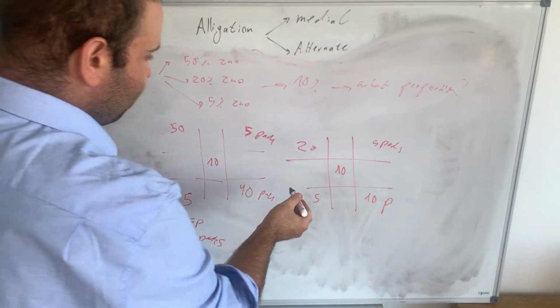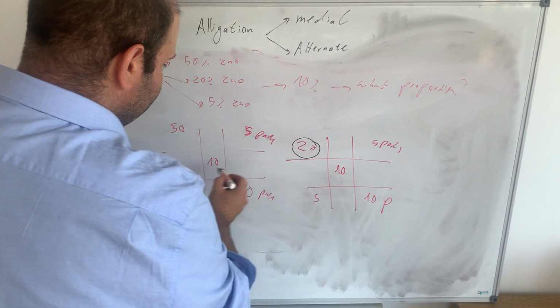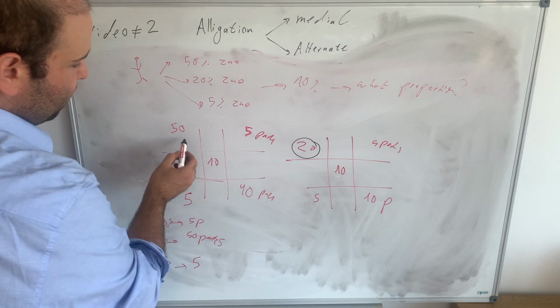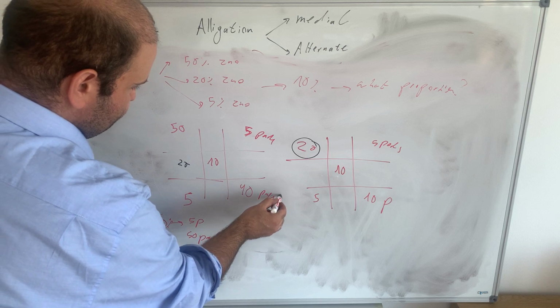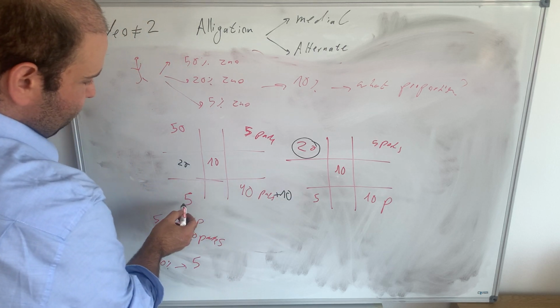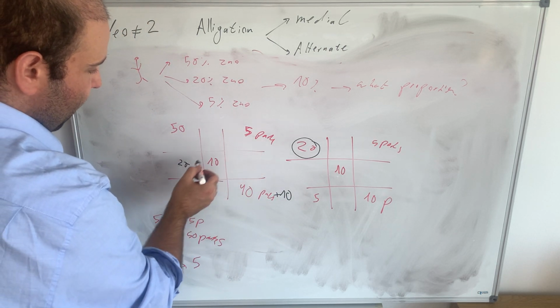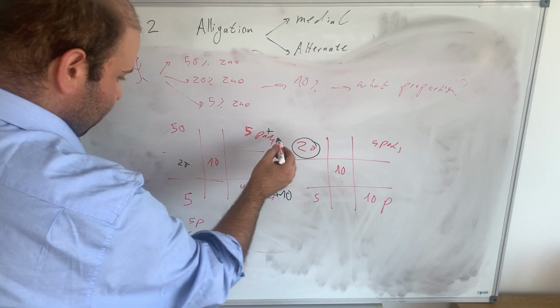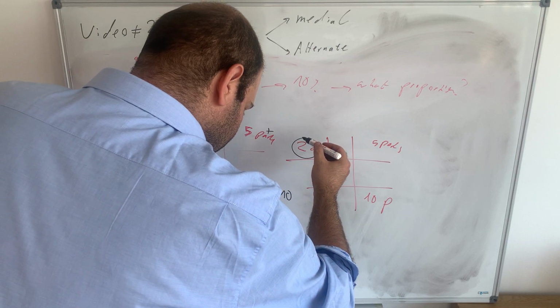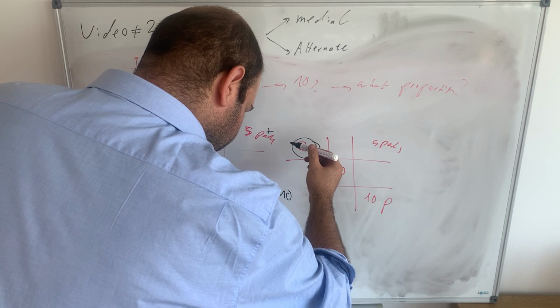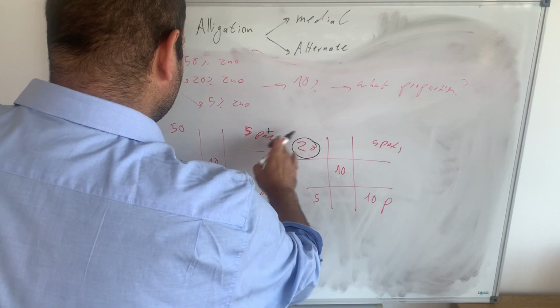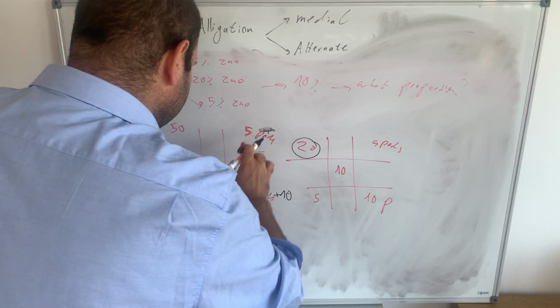Instead of putting 20 here, you can put it here and do it here. 50 minus 10 is 40, 20 minus 10 is 10, 5 minus 10 is 5. I'm sorry, 20 minus 10 is 5. So that's it.